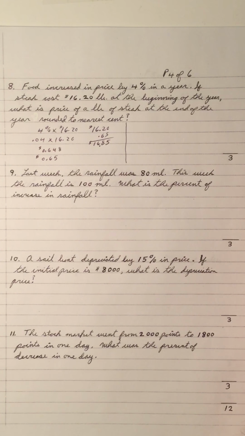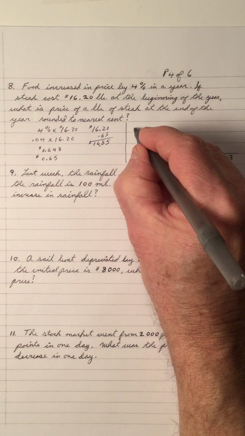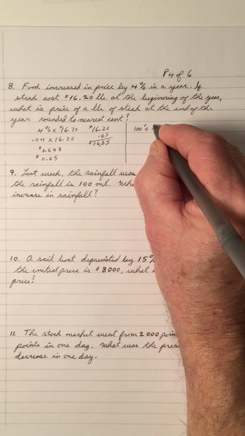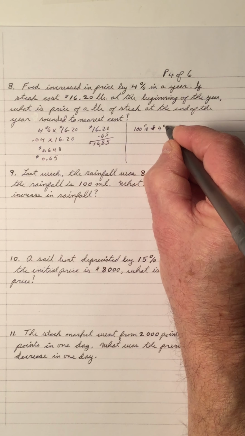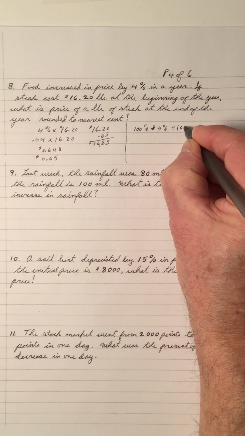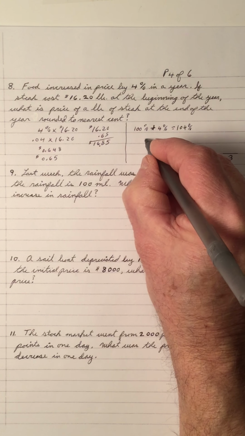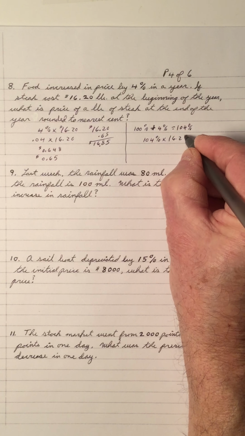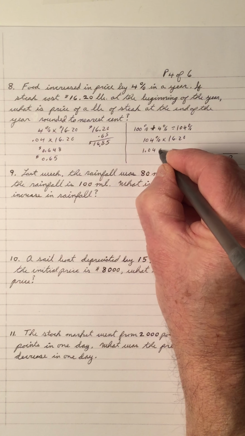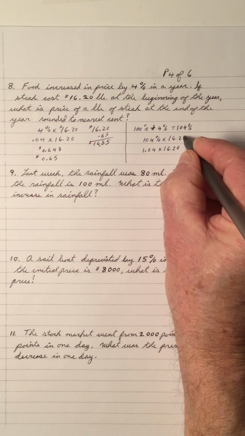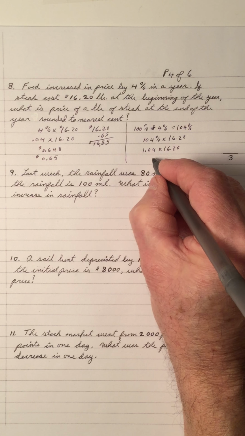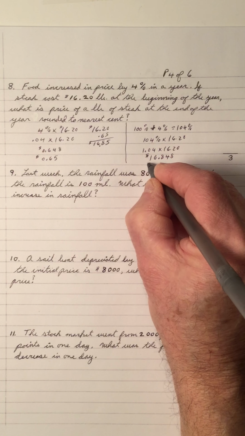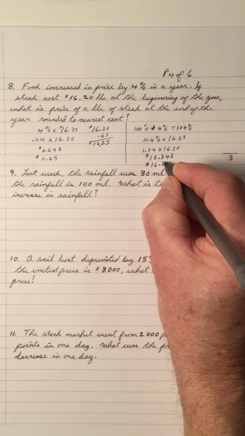But some people like to do this one differently. What if you took 100% of your price and you added on your 4%? That will give you 104%. So if you took 104% times the 16.20, which is 1.04 times 16.20, you would get 16.848, and you round that off to the nearest cent, which is 16.85.